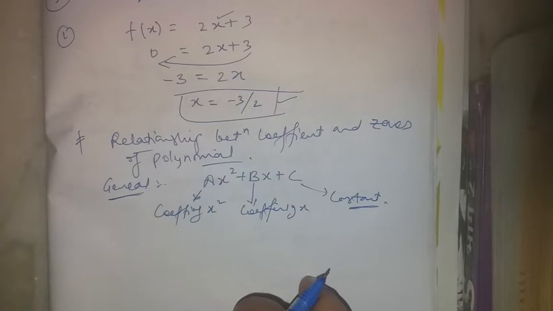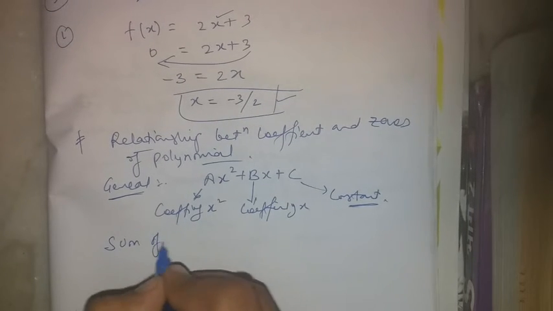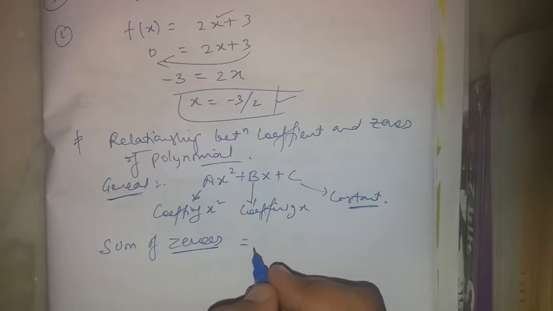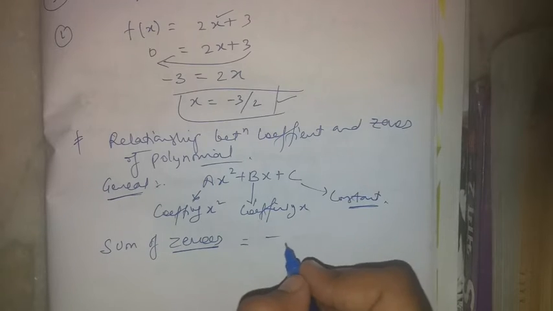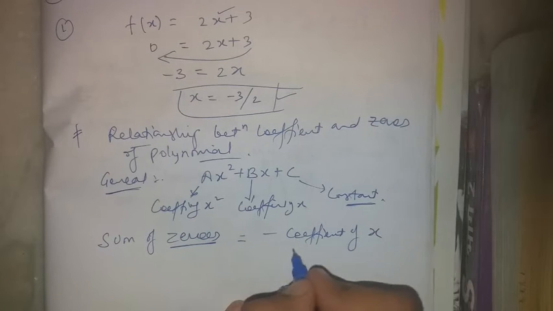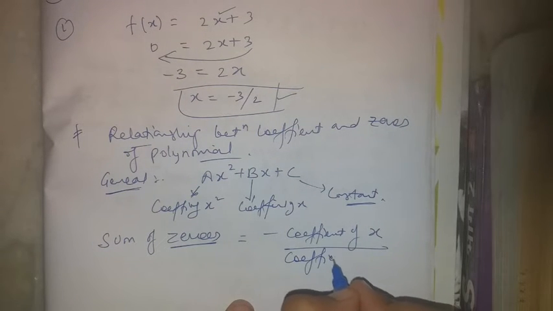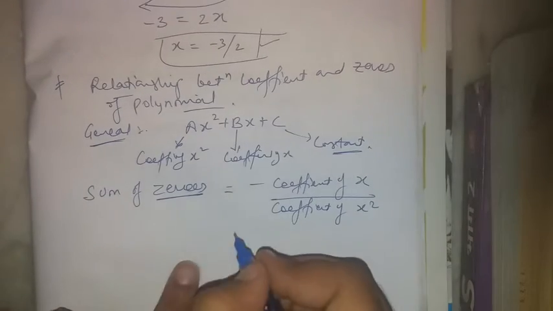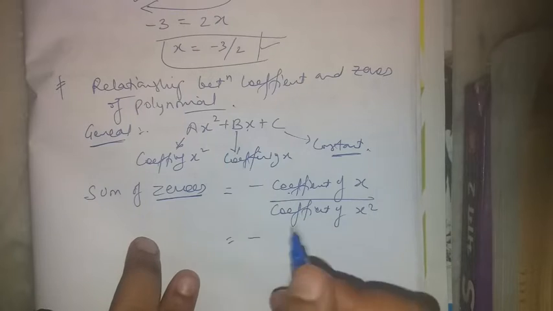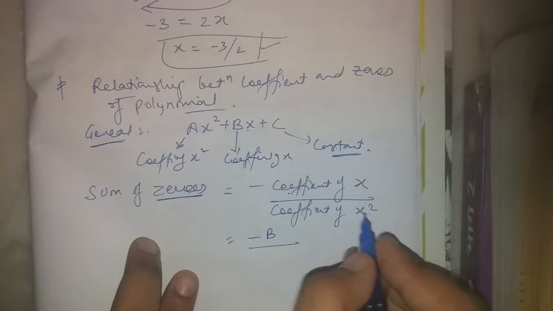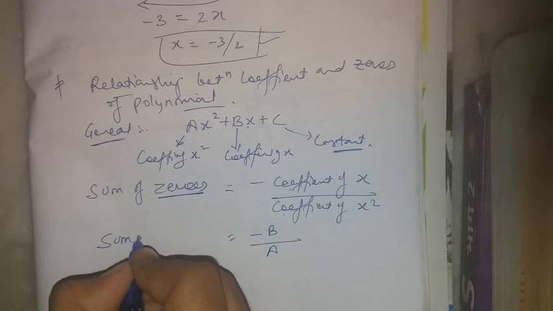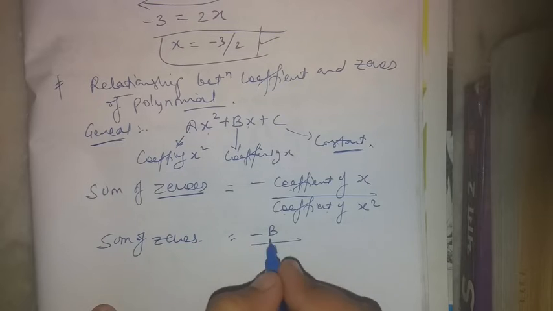Now, with this quadratic equation, how can we find the zeros? First we have to know the sum of zeros. This is the formula: minus the coefficient of x divided by the coefficient of x square. The coefficient of x is b and the coefficient of x square is a, so the sum of zeros is minus b by a.